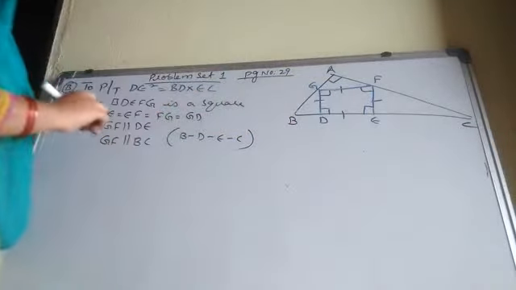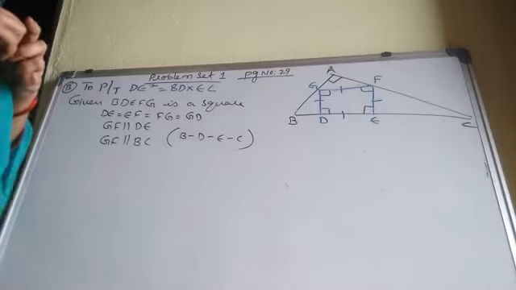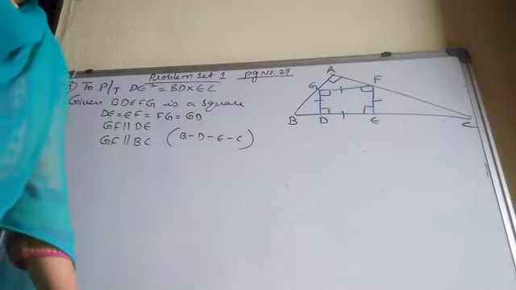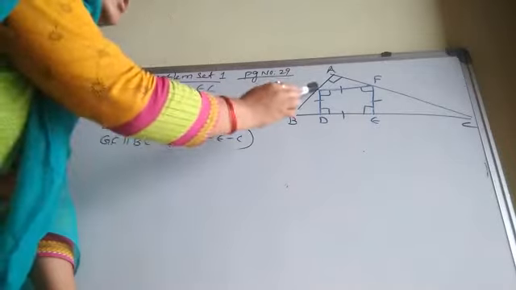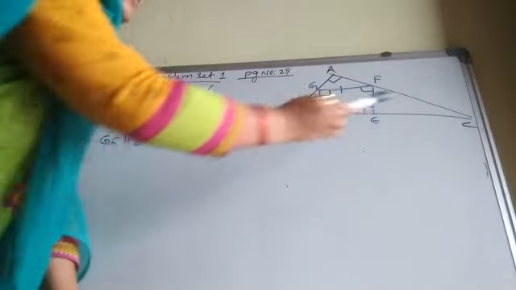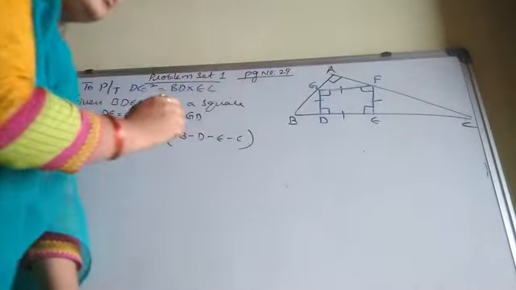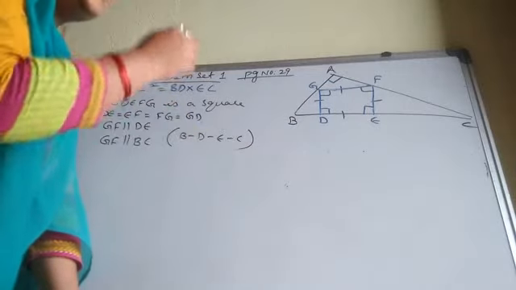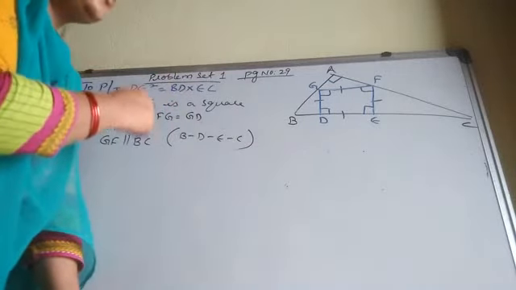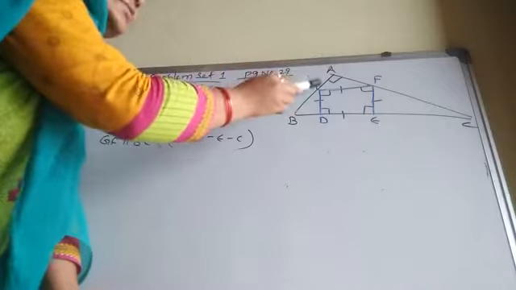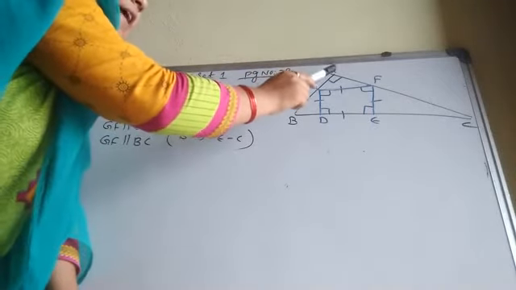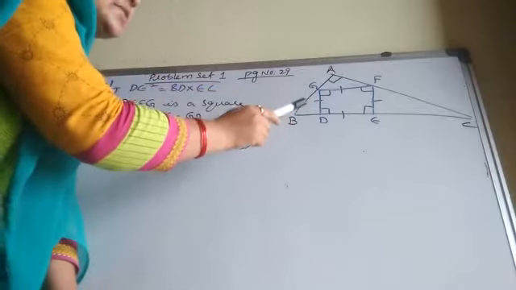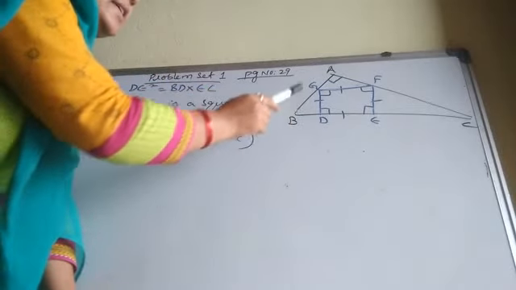Now here GF is parallel to BC, and AC is the transversal. Now students, why are we taking these parallel lines and transversals? We need to show triangle GBD is similar to CFE. Further, a common triangle should be there. That common triangle is AGF. First I will show triangle AGF is similar to DBG.